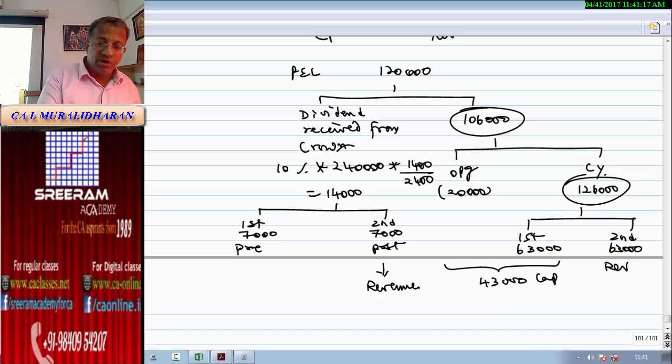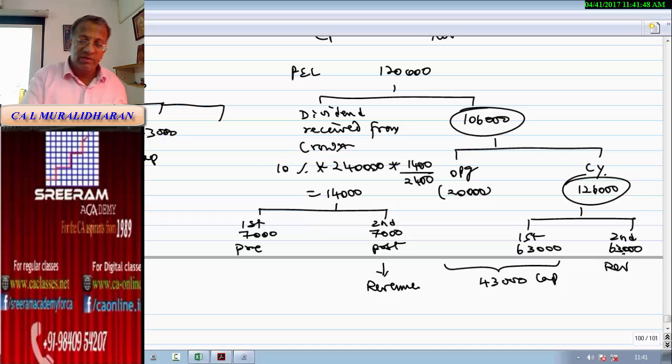So therefore this will be pre-acquisition. So now in this case I will repeat: 1,20,000, 7,000 pre-acquisition, capital profit. How much is capital profit? 43,000 capital profit, and 63 plus 7, 70,000 will be revenue profit.